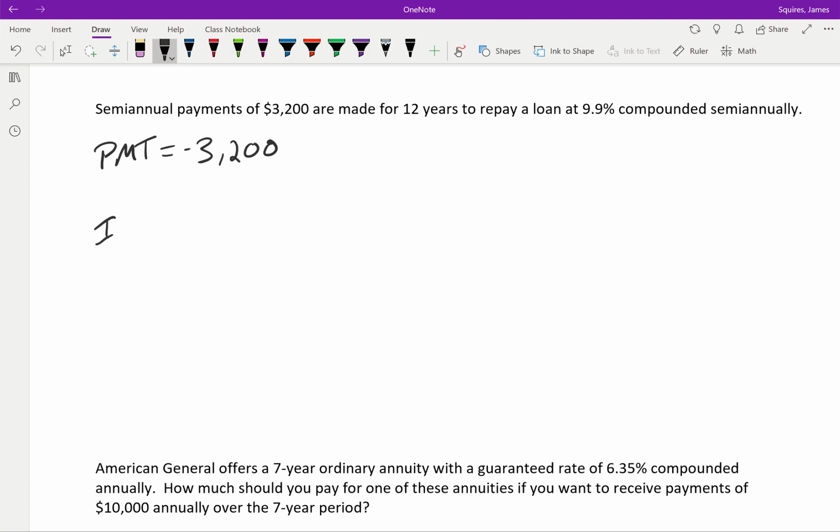Our per compounding interest rate is always R divided by M. So in this case, 9.9 divided by not 12, but 2, because it's being compounded semi-annually, then our M is equal to 2. Also, our N will equal M times T. So in this case, it's 12 times 2.